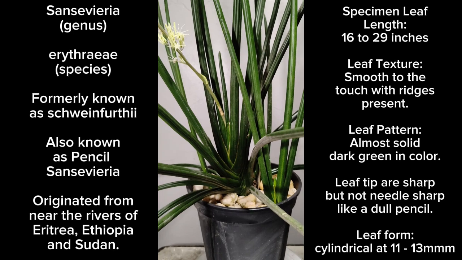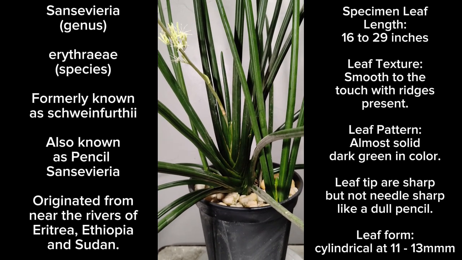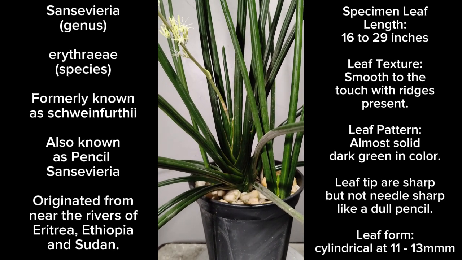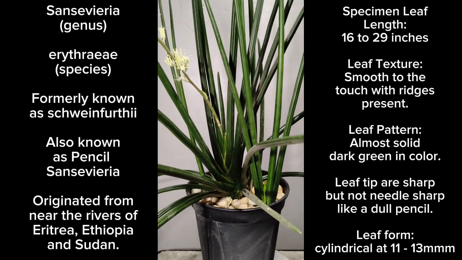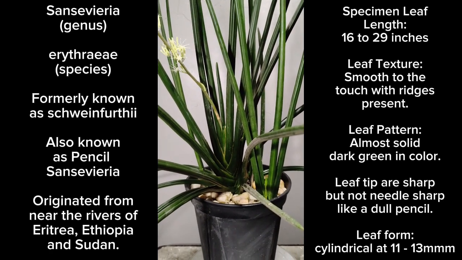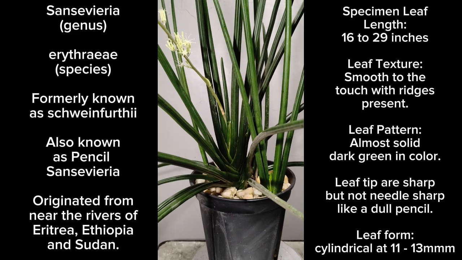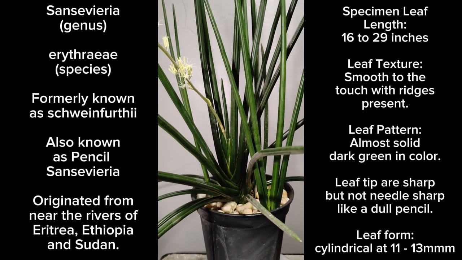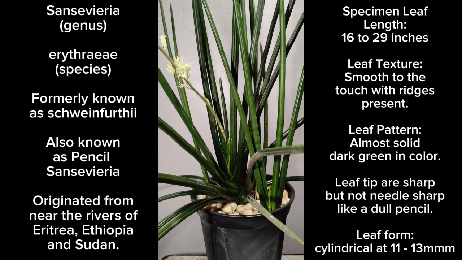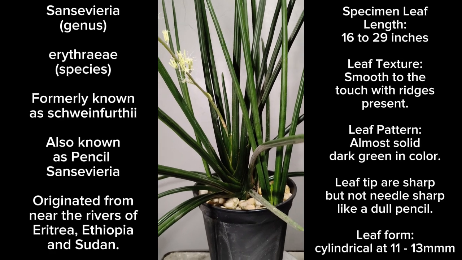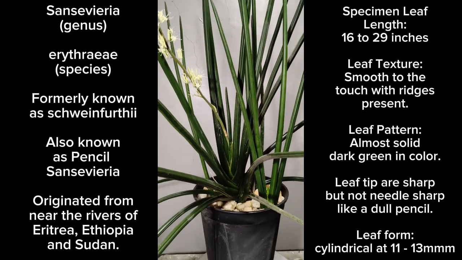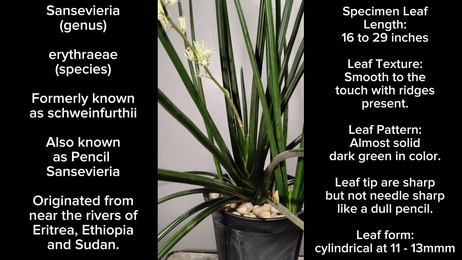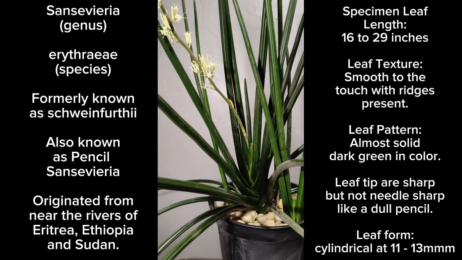So that's what it's supposed to be pronounced. And I guess it was described by Giovanni Ettore Mattei. He was the one who christened the species into erythraeae. So that's a brief history with regards to the origin of this particular Sansevieria species.